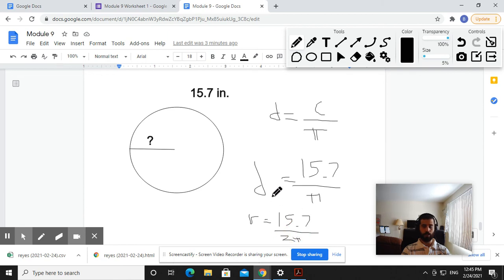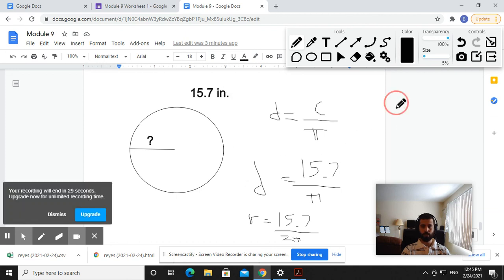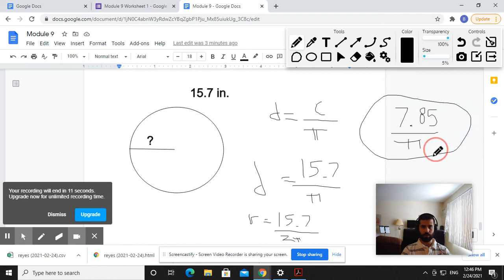You could say that, or you could just say, okay, 15.7 divided by 2 is going to be 7.85. And that over pi is going to be our final answer. And you'll need to write inches.